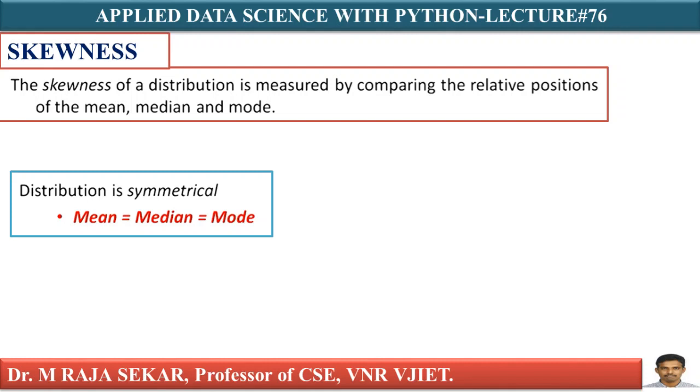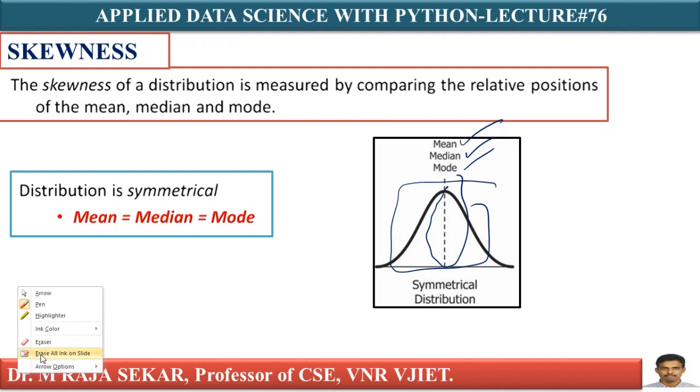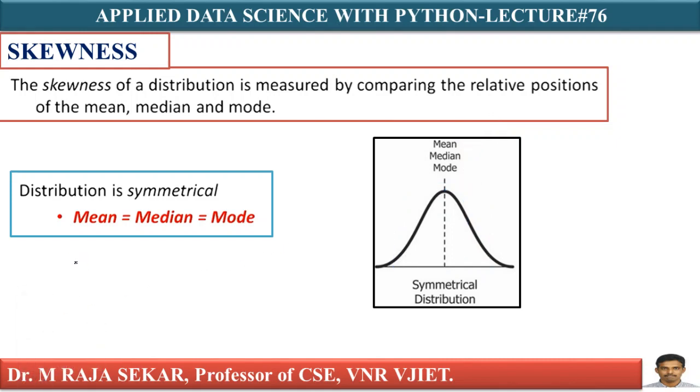In the case of symmetrical distribution, this point is very important: your mean, median, mode are the same. In that case, you can choose any one of them as the measure of central tendency. This one is a bell shaped curve, I can say it's a normal distribution curve. Just understand that in the case of symmetrical distribution, all three, mean, median, mode, are the same.